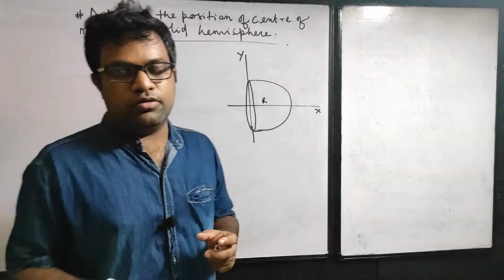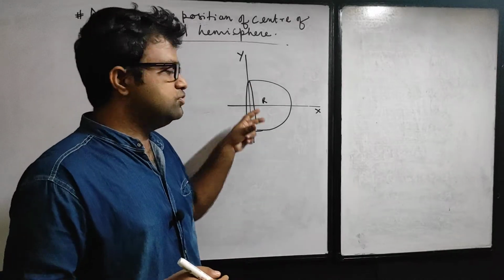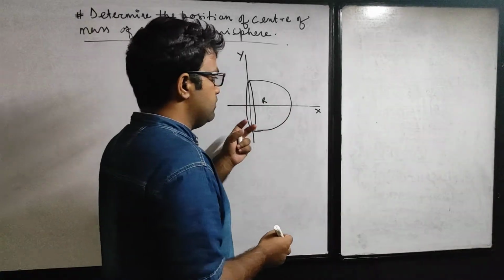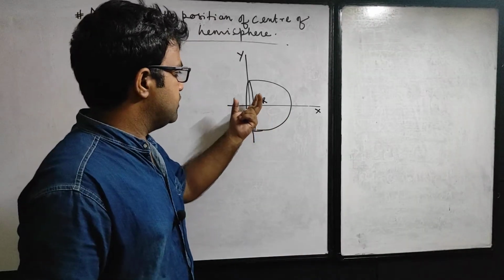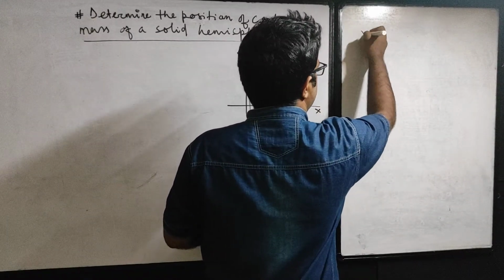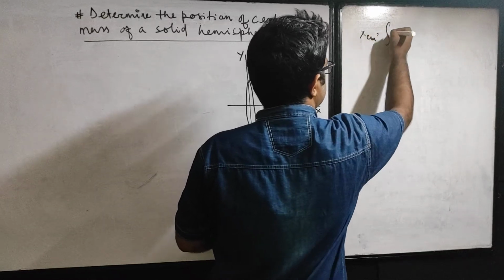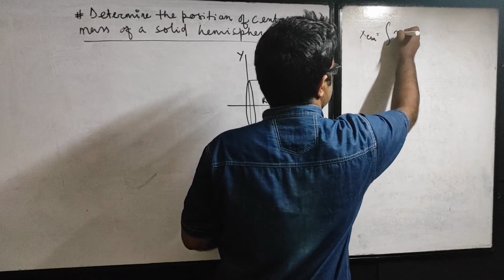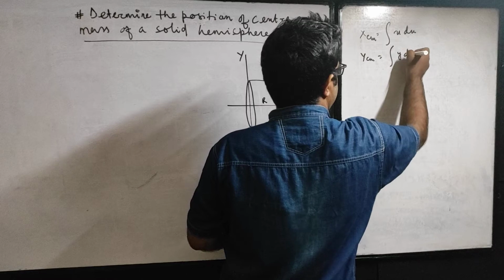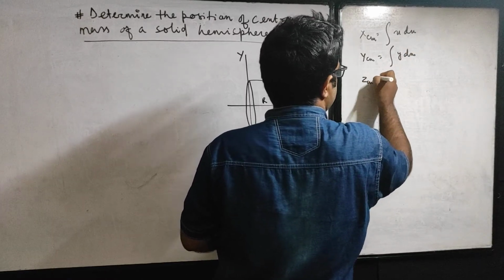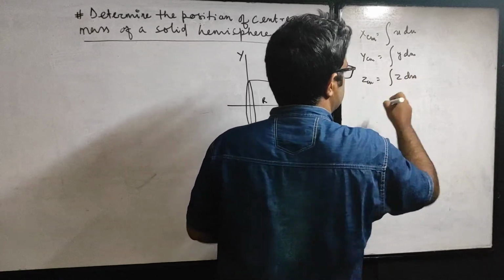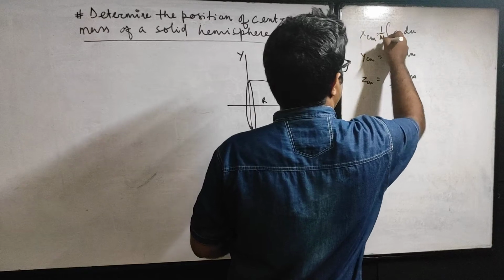Now the formula for center of mass: as the mass is uniformly distributed in this type of object, we use integration. xcm will be 1 by M integration x dm, ycm will be 1 by M integration y dm, and zcm will be 1 by M integration z dm.